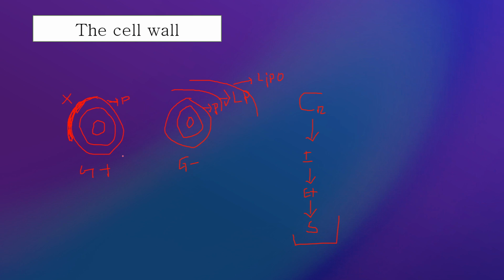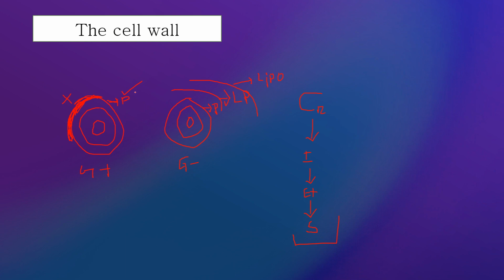Then we saw that the cell wall of gram positive bacteria has a thick layer of peptidoglycan. In gram negative bacteria peptidoglycan is also present, but in a thin layer.